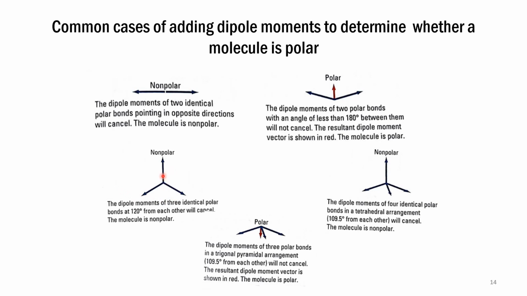Untuk yang ini pula pun sama, kalau awak lihat, kalau awak berada kat tengah ni, ni kawan awak, saling tarik menarik, awak takkan ke mana. Disebabkan sekarang the dipole moment of the three identical polar bond at 180 degree from each other will cancel each other, so the molecule is a non-polar.